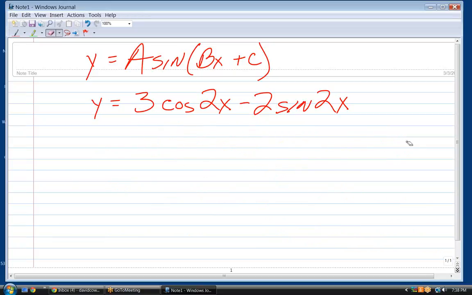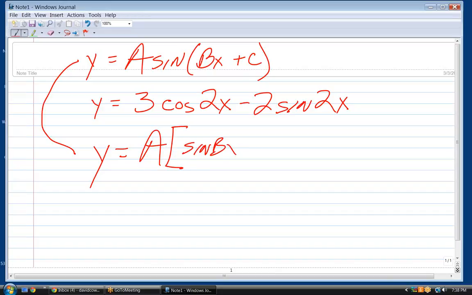So let's assume that we're looking at the sine of the sum. In other words, if we start with this and we turn it into a, and then this whole sine of bx plus c is sine of bx cosine of c plus sine of c cosine of bx.